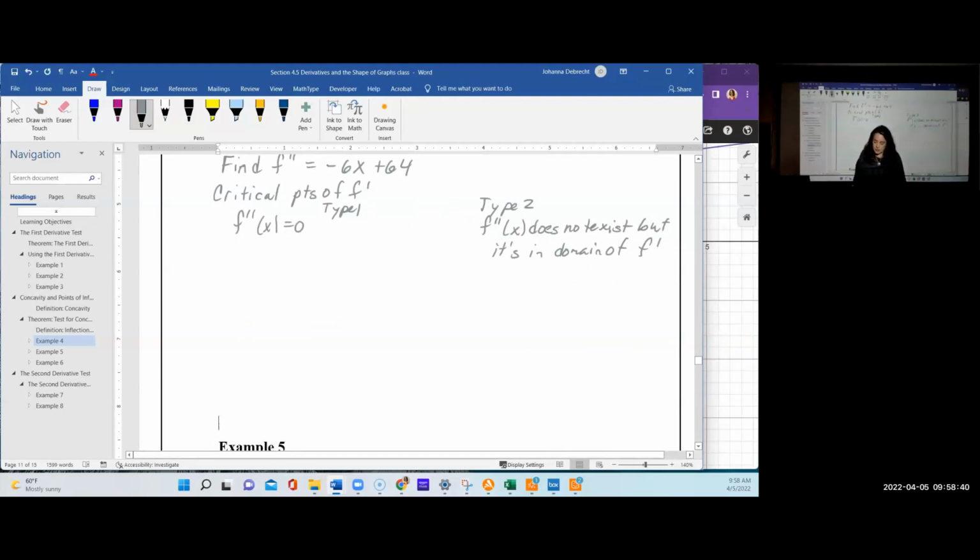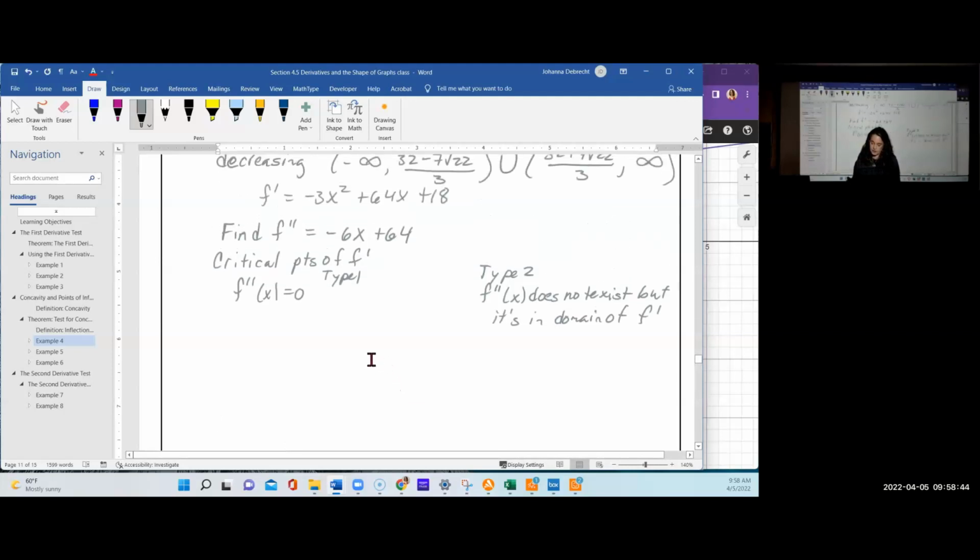So now what we do is notice that the first derivative has a domain of all reals, and the second derivative has a domain of all reals. So there are no type 2 critical values. The second derivative always exists.